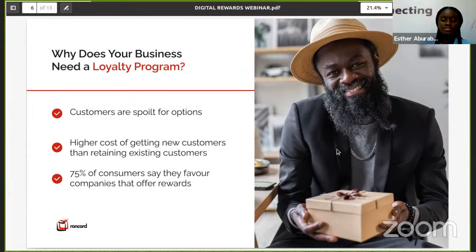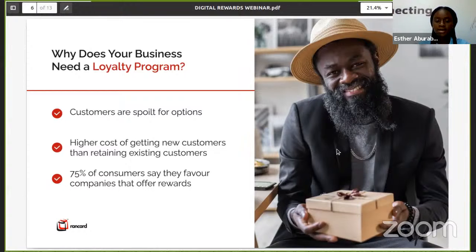Okay, thank you, John. From research, we realized that for most companies, about 20% of the loyal customers contribute about 80% of the revenue a company gets at the end of a year.